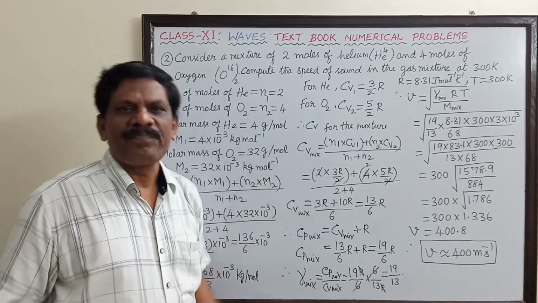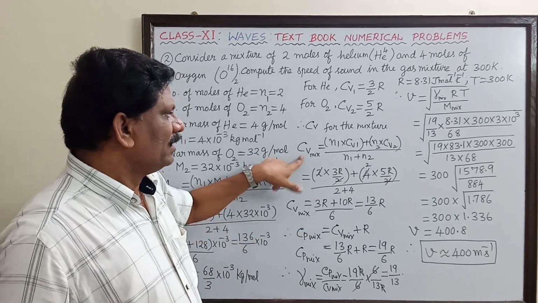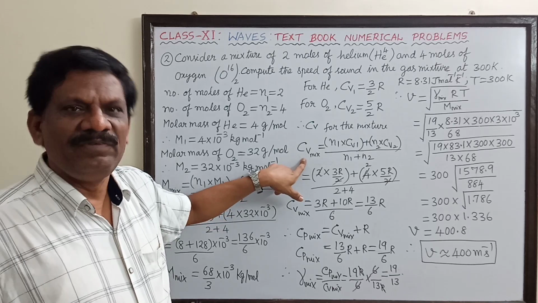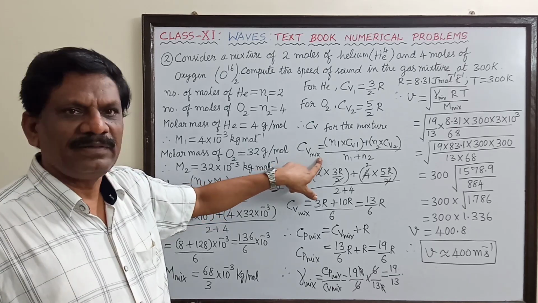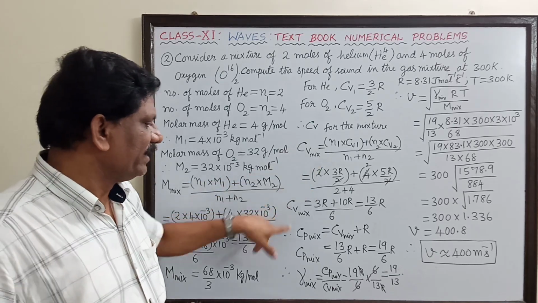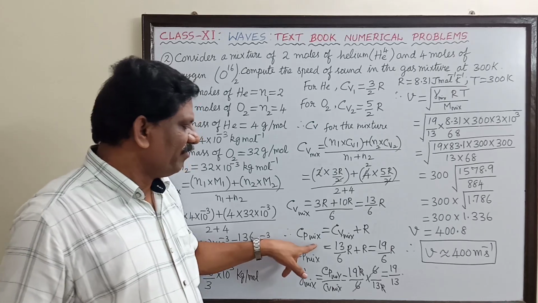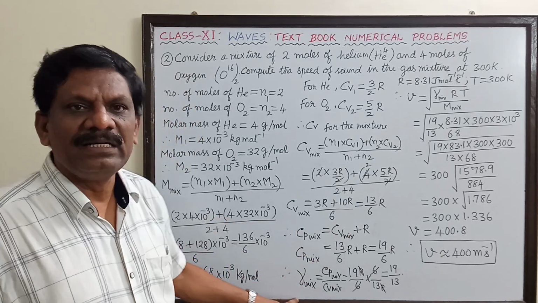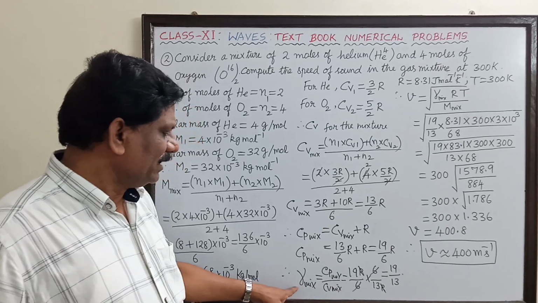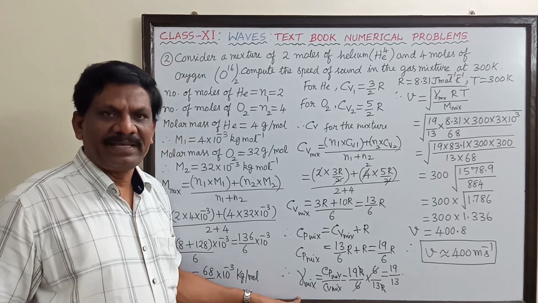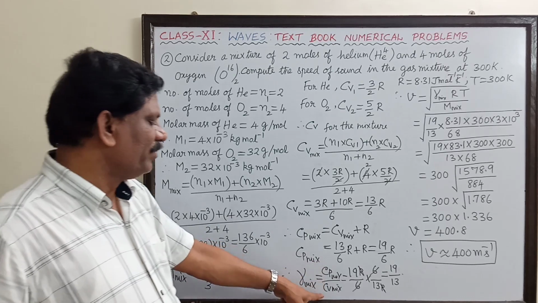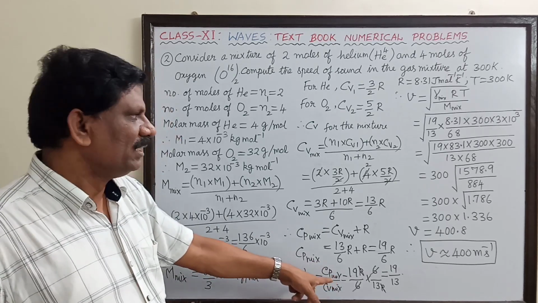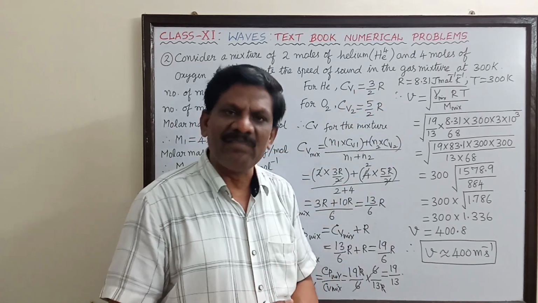To find the molar specific heat capacity CV for the mixture, and then from Mayer's relation we found Cp for the mixture, and after that take the adiabatic constant or adiabatic exponent gamma equal to Cp by Cv for the mixture. Then we have to substitute in the general formula.